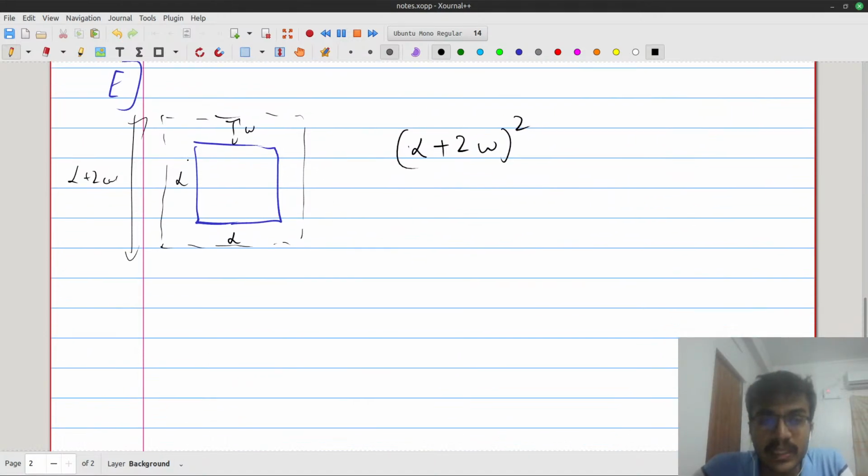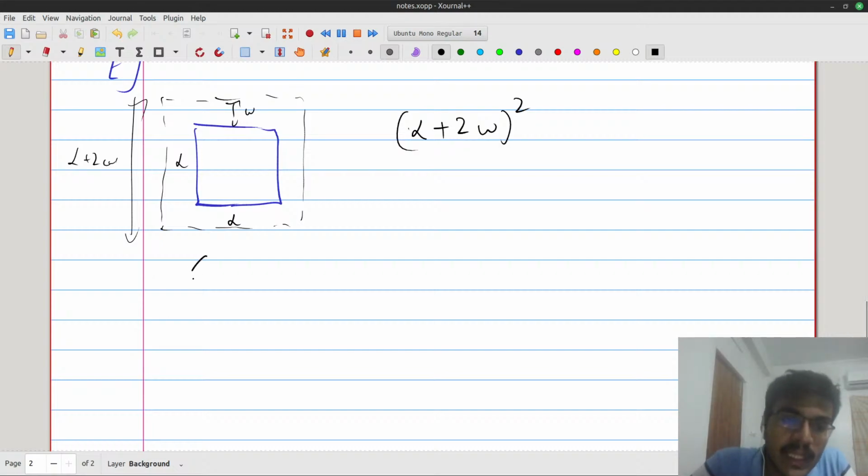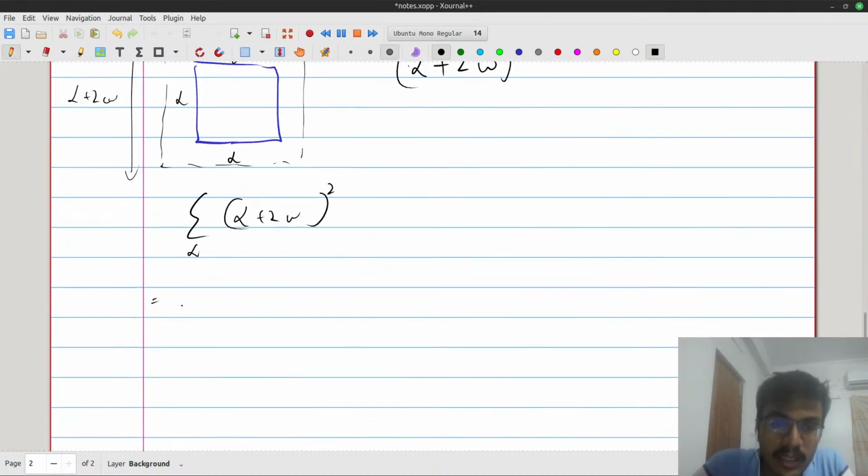Now we are given a bunch of side lengths like this, so that will just be this thing summed over all possible alphas. Okay, so we just take the sum over all possible alphas. I can also expand this, so this like alpha squared plus 4 omega times summation of all alphas plus let's see, plus 4W squared.